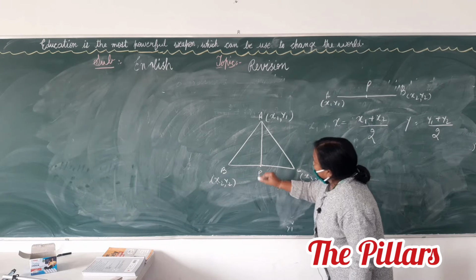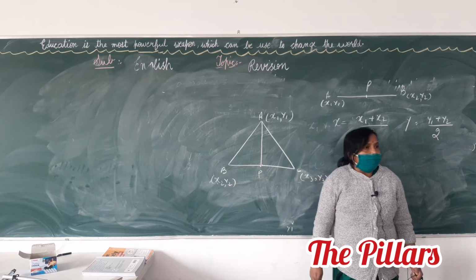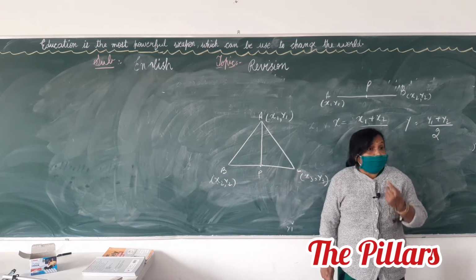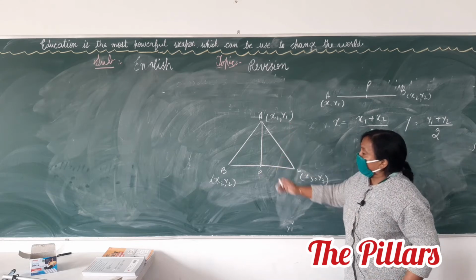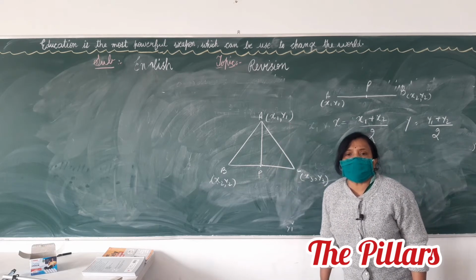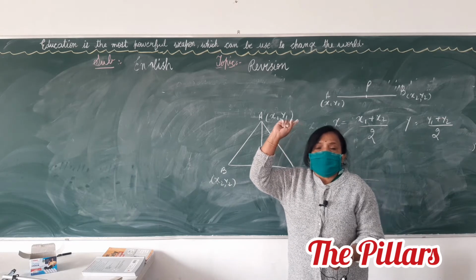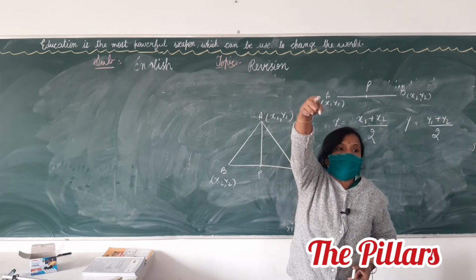See. Midpoint of BC. Median. What is this AP? Median. What do you mean by median? A line from a vertex joining the midpoint of the opposite side.